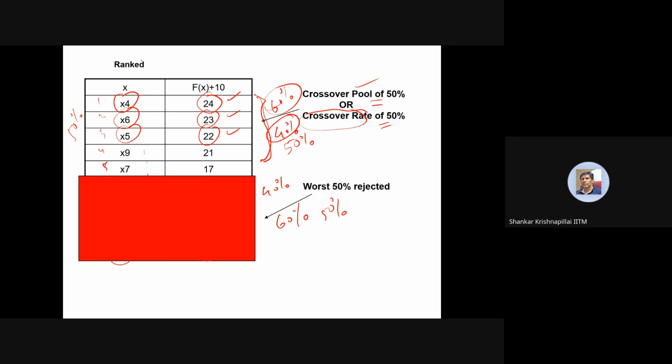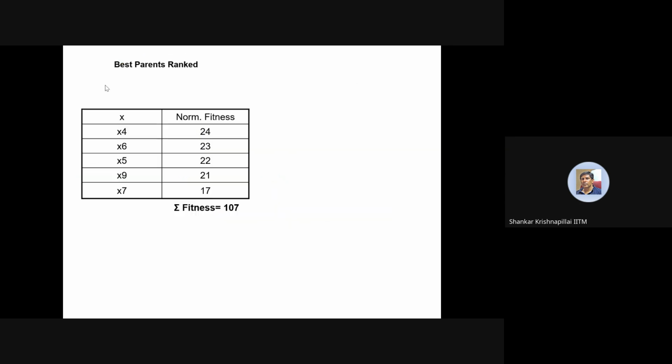Now we need to concentrate only on this. These are the 5 parents who have been shortlisted in the last slide. This is the best, next best, third best, fourth best, fifth best. This is the normalized fitness. So now you know why the fitness is converted to positive values.